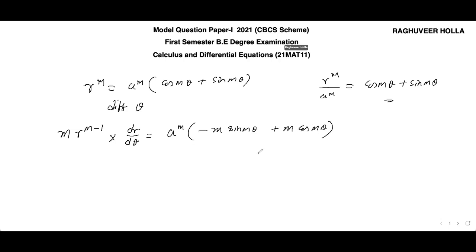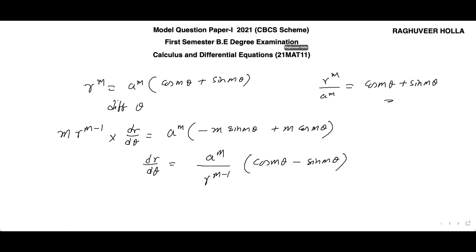Or we can further rearrange dr by d theta as a to the power of m by r to the power of m minus 1, times cos m theta minus sin m theta.